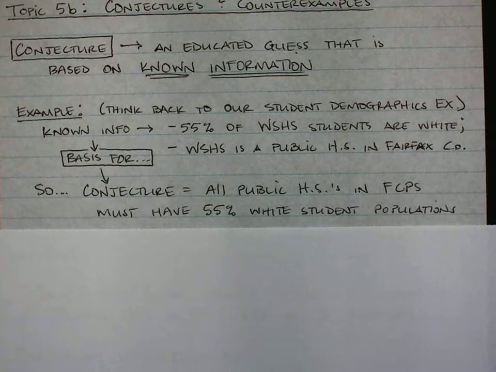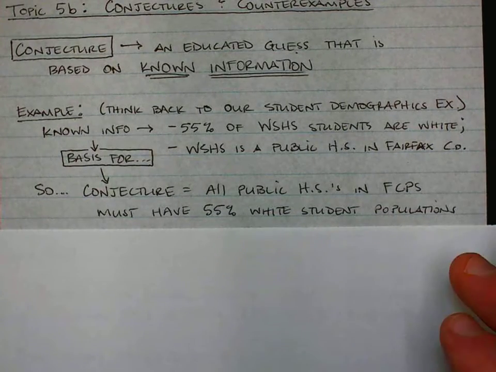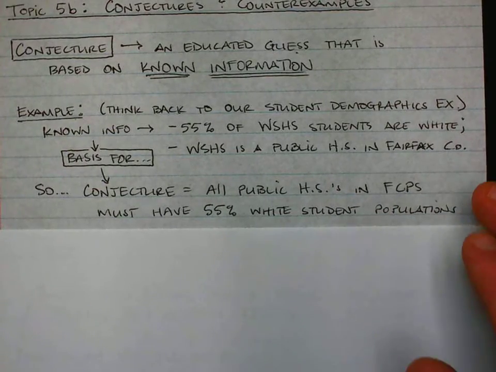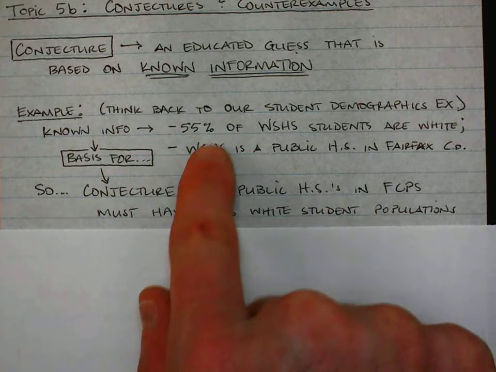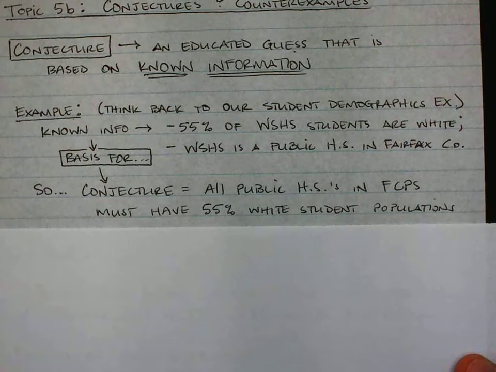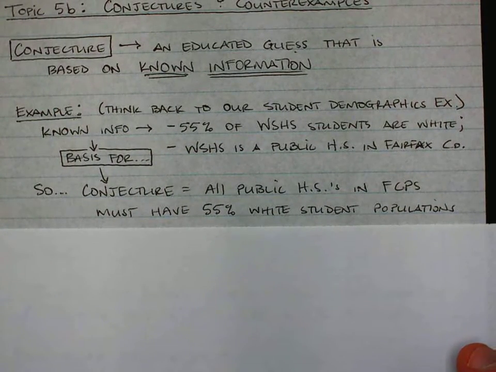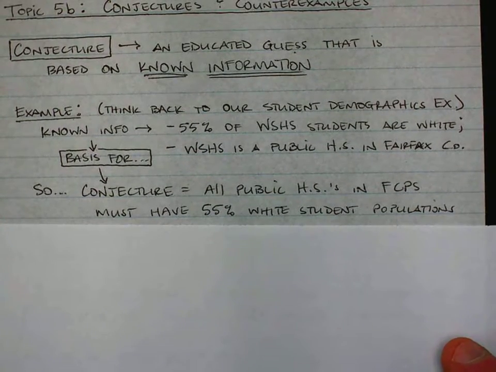Again, excuse the numbers, I don't know that they're definitively factual, but we're accepting them as givens for right now. So, a conjecture based upon these previous facts would be that all public high schools in Fairfax County must have 55% white student populations.